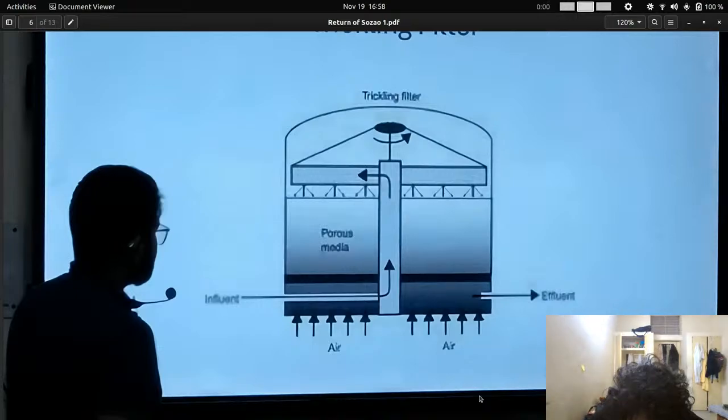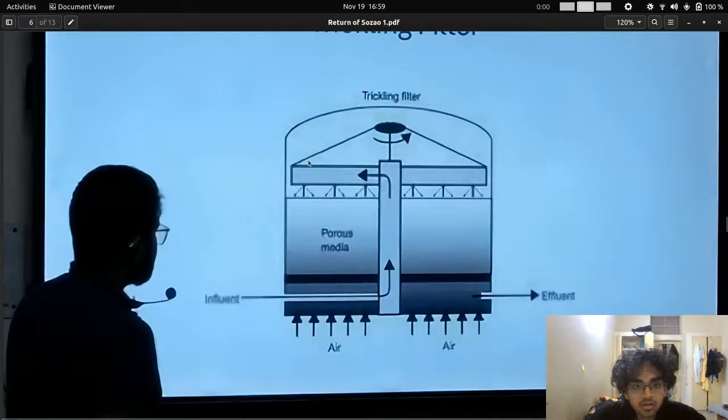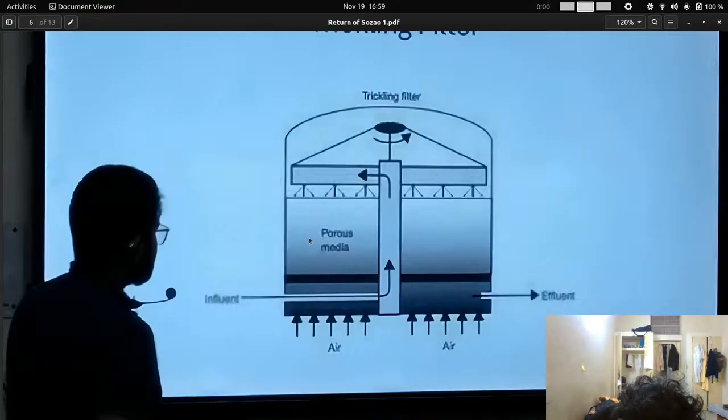Water basically flows up like a xylem, and it comes up here in this tube, and this tube basically rotates, and there are holes here, so the water gets sprinkled. Cool. This is trickling filter.